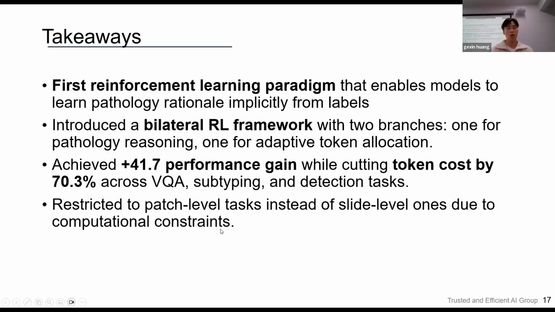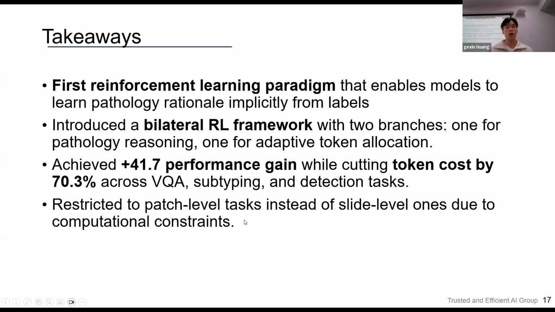So here are some takeaways for this work. This work is the first reinforcement learning paradigm that enables the model to learn pathology rationale implicitly from the labels. And it introduced a bilateral RL framework with two branches, one for pathology reasoning and one for adaptive token allocation.